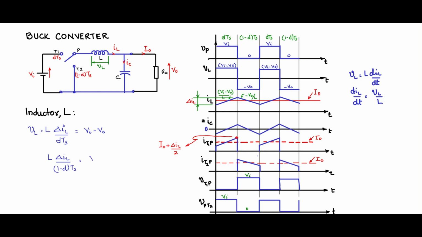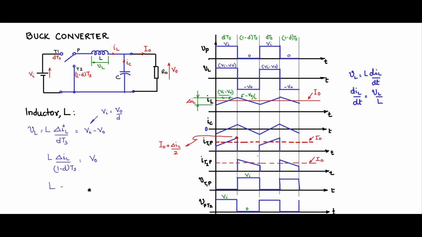You can put only the magnitude, which is V0, because the traversal is negative. You can put negative V0, negative can be removed, and you have V0. So either I can use this equation or this equation, because let us say, for example, Vi can be expressed in terms of V0 as V0 by D. Substitute here and you will get all in terms of V0.